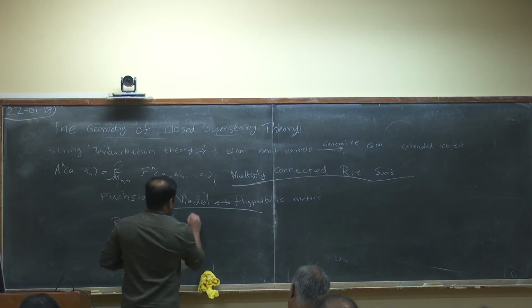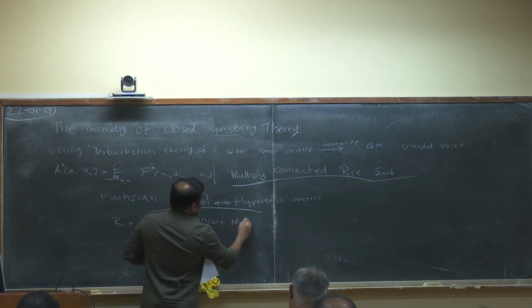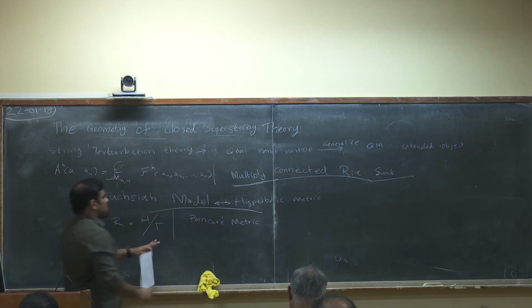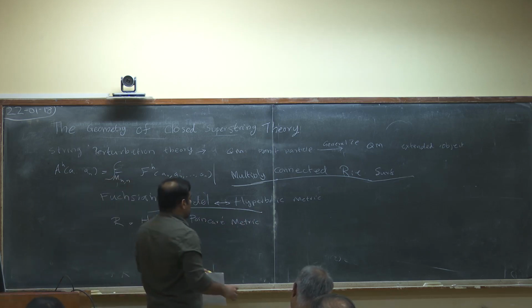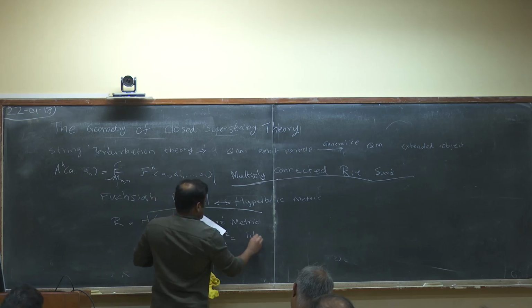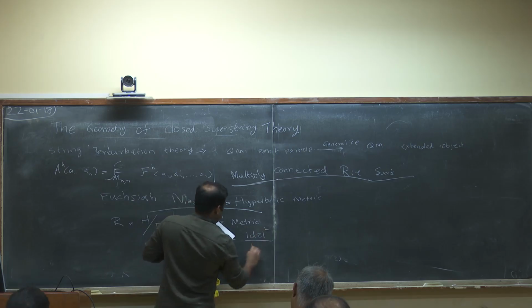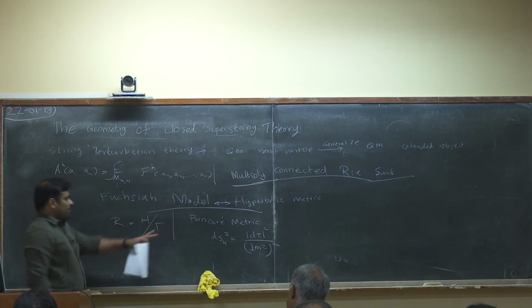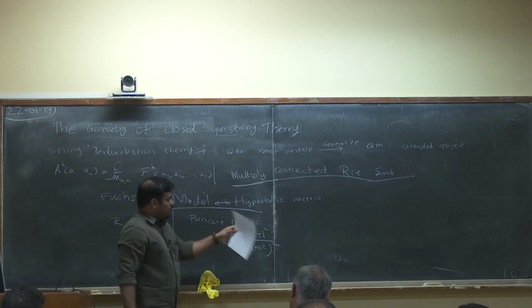This is the Poincare metric. On the upper half plane, I am introducing a metric that has constant Gaussian curvature -1 all over. So the metric is ds_H squared equal to dζ squared divided by the imaginary part of ζ, all squared. So you have an upper half plane with the Poincare metric on it.